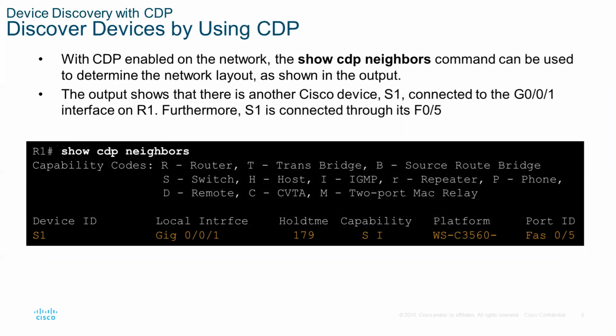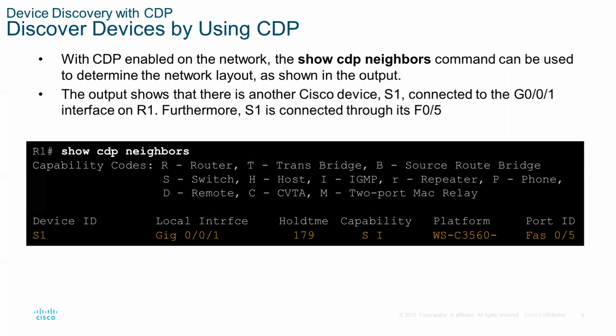So what do you normally get from the output of the show CDP neighbors? Well, as we can see here from the example output, you'll get the device's name, the local interface used to connect to it, the timer that's been between the updates, and its capabilities.